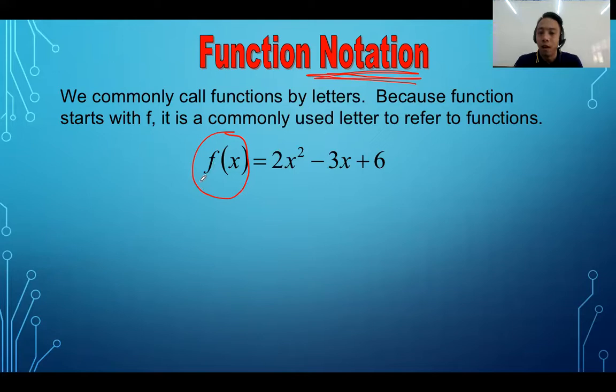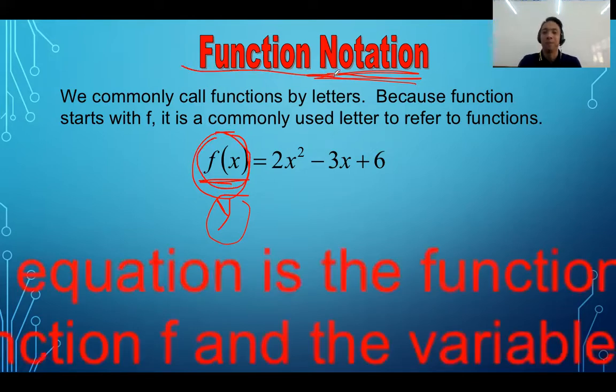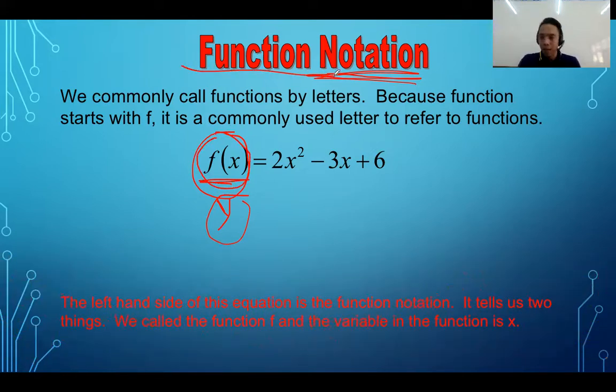So we will not replace f of x as y. If we have y, this is not a function. We need to write f of x to make it a function notation. The left-hand side of this equation is the function notation.